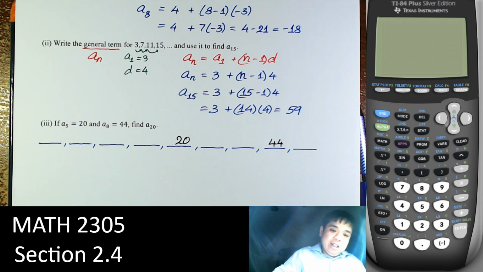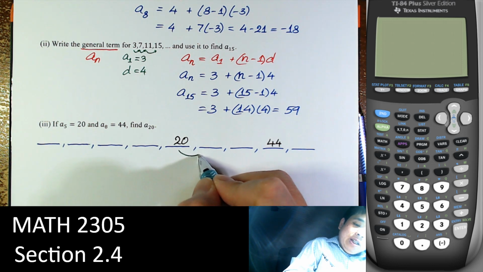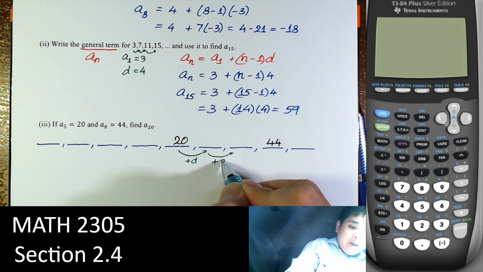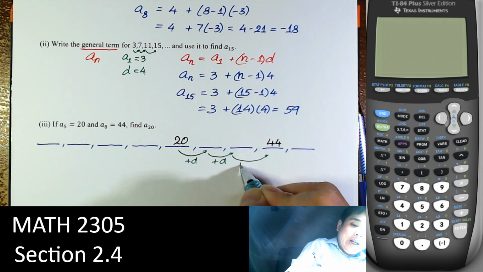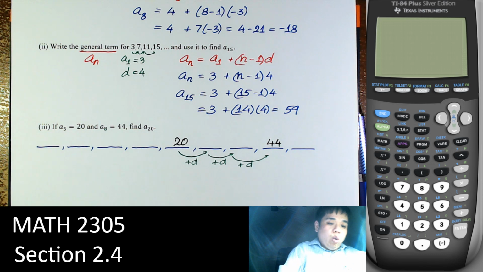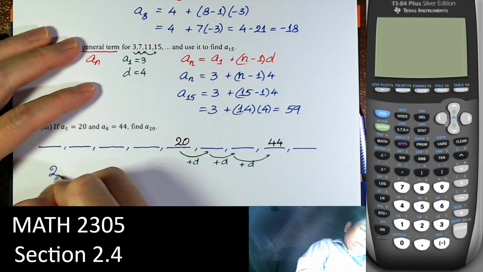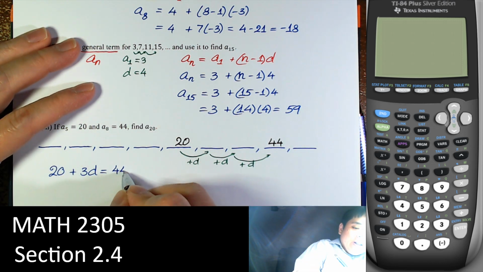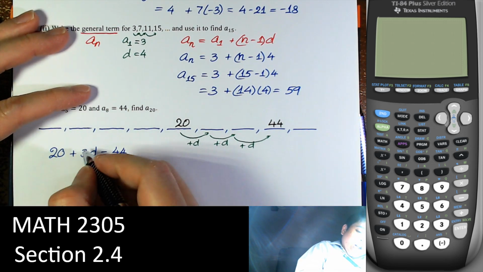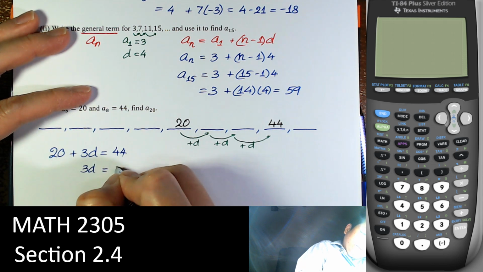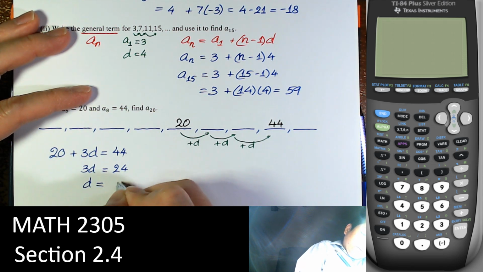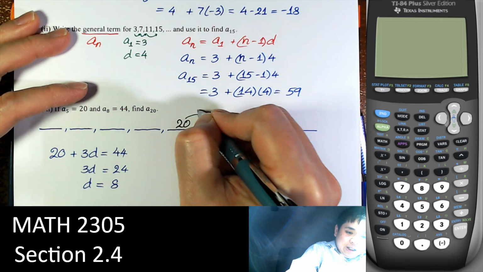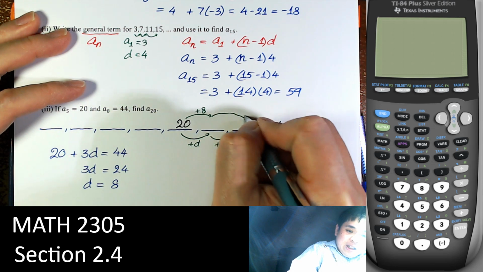Well, in this case, from this we have to plus a difference to get to that term, plus another difference to get to that, another difference to get to that. So 20 plus 1, 2, 3 differences gives us back 44. We can solve for d. That gives us 8, meaning that we're going to plus 8 to get to the next term.